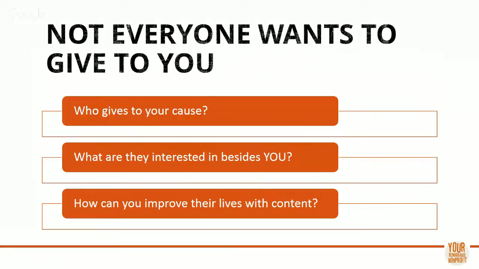So when you're creating content, especially online content, you want to know who right now gives to our cause and what are they interested in besides just us. And with our nonprofit, how can we improve our potential donors' lives with content? Because what the majority of nonprofits do online is, this is all about us, it's all about us, it's all about us. But if you want to attract people and get a broader audience, you have to look at their interests that go beyond you.